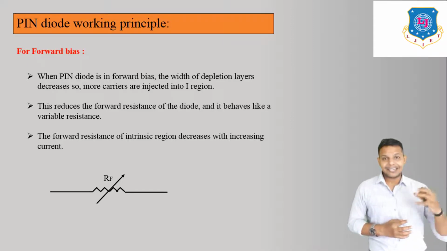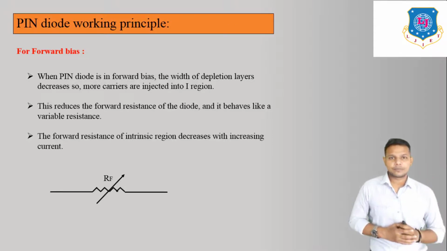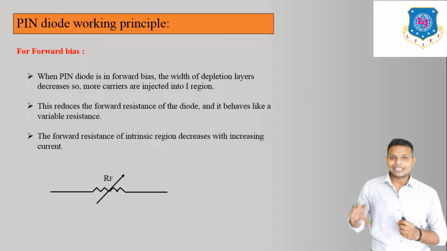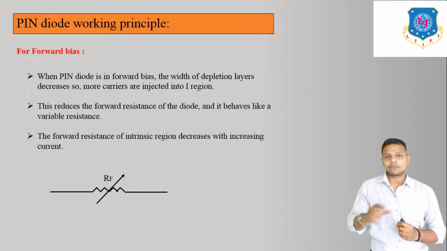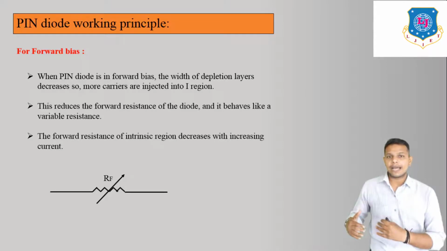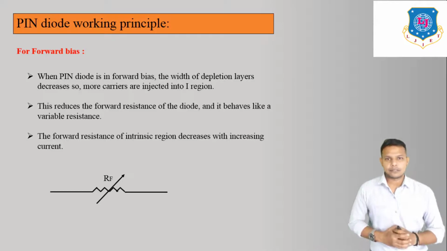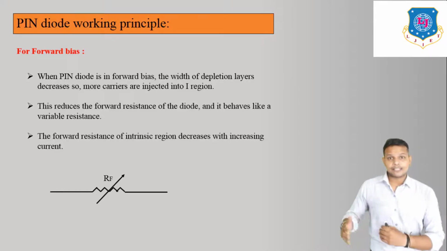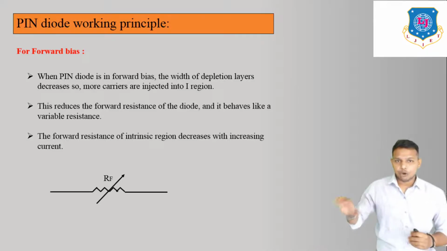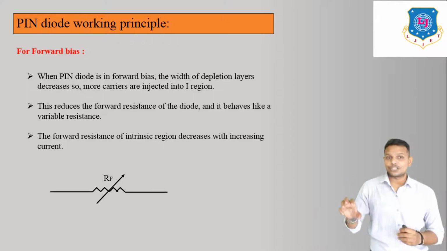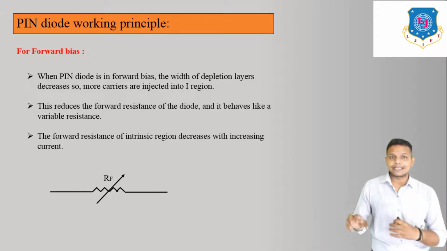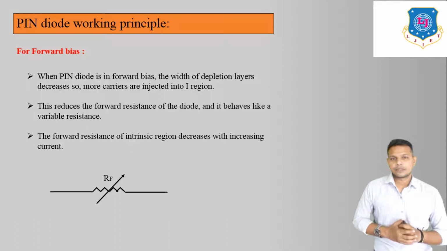This reduces the forward resistance of the diode, and it behaves like a variable resistor. The forward resistance of the intrinsic region decreases with increasing current.